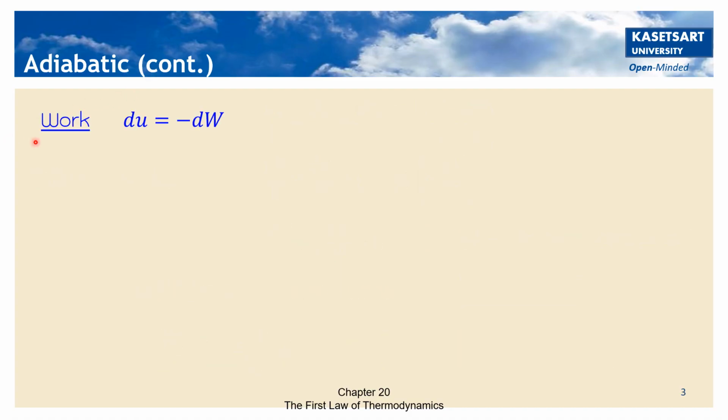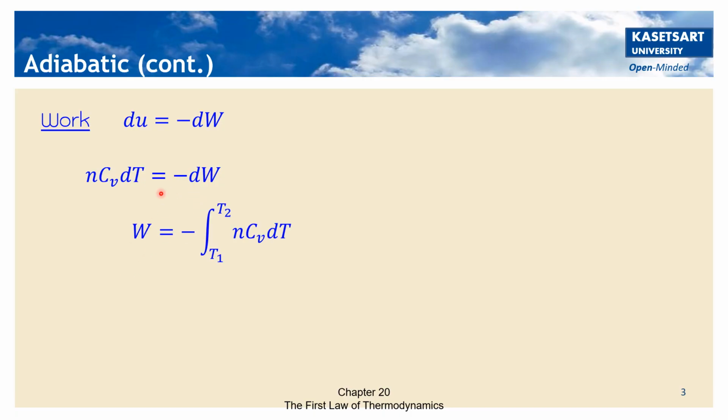So from the definition of work in adiabatic process, the work is related to the internal energy change, because the adiabatic process is a thermodynamic process for the isolated system. So you have no thermal energy exchange, and you have nCv dT equal to minus dW.